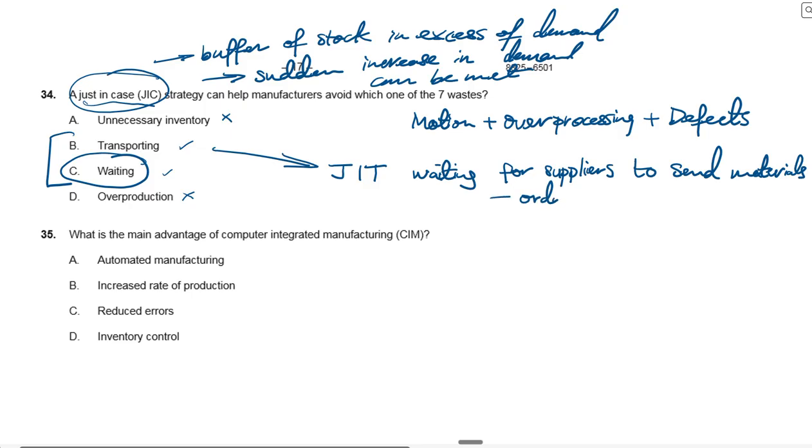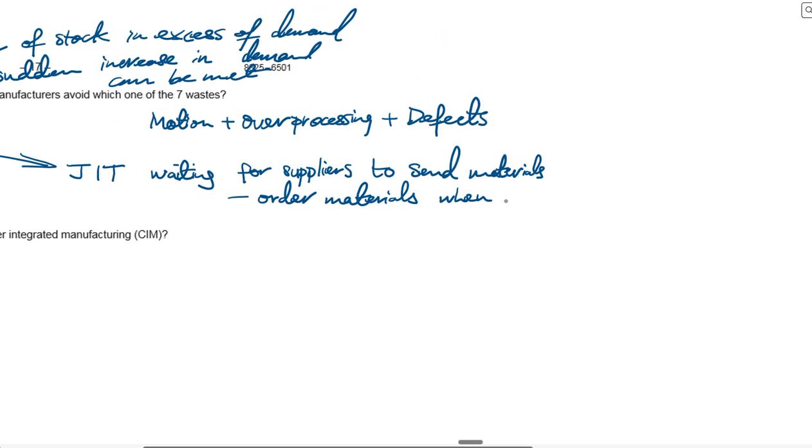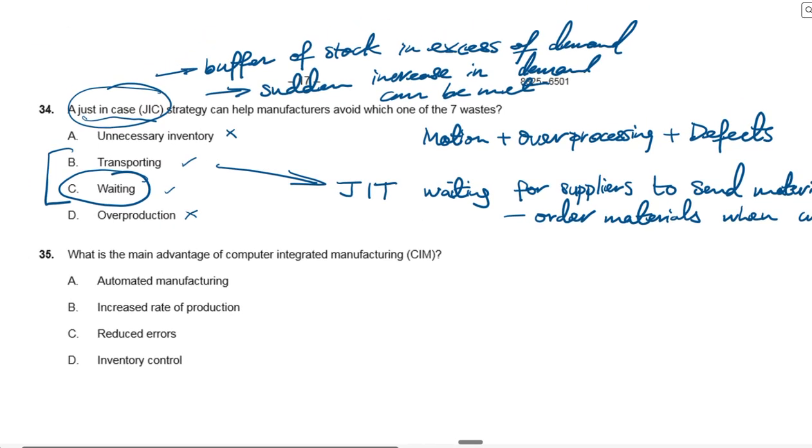You only order materials when the manufacturer's customer puts in an order, right? So that has a lot of transport and waiting time. We're not transporting in bulk, right? We're instead transporting every time an order is made. We are transporting those goods, and so we have extra transport waste.